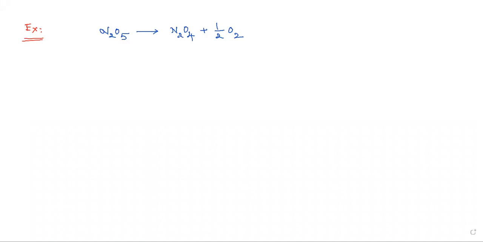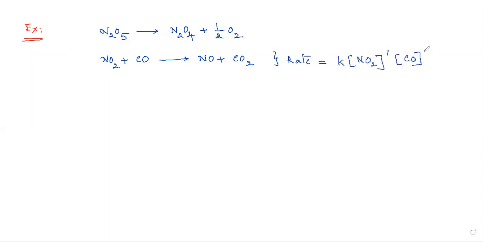Now, look at this. NO2 plus CO gives rise to NO plus CO2. See, in this case, the rate expression can be written as K into NO2 to the power 1, but CO to the power 0.